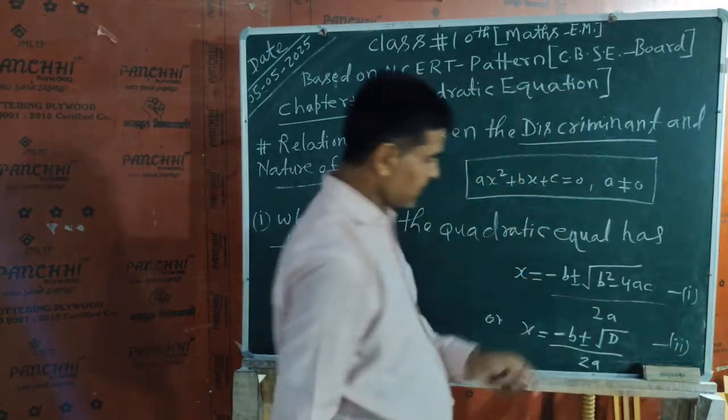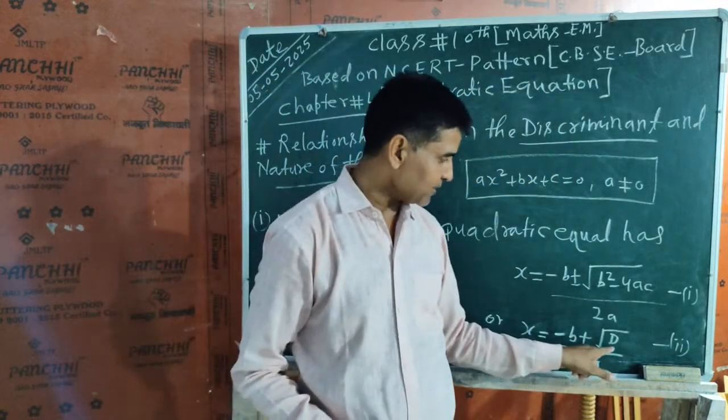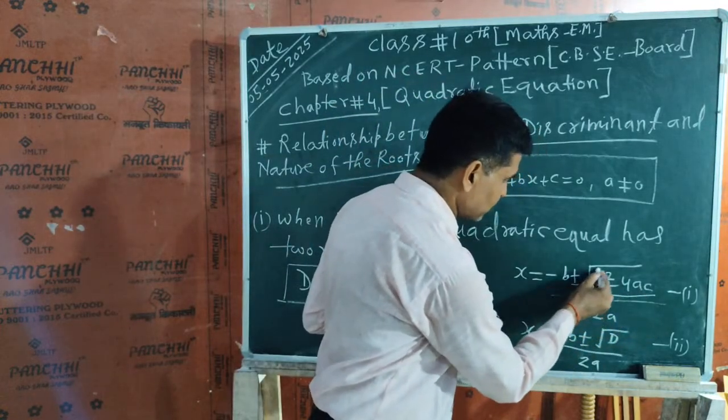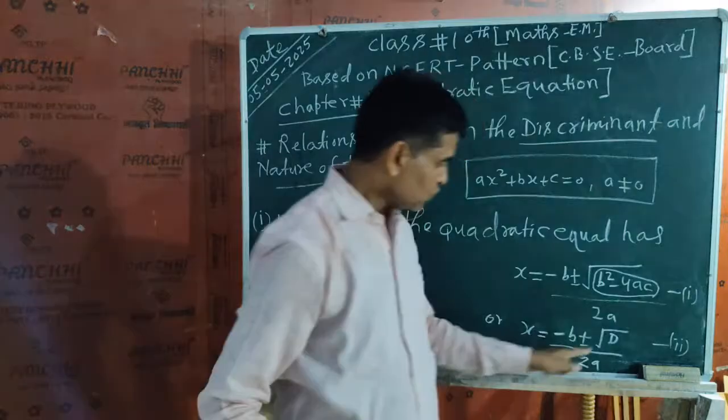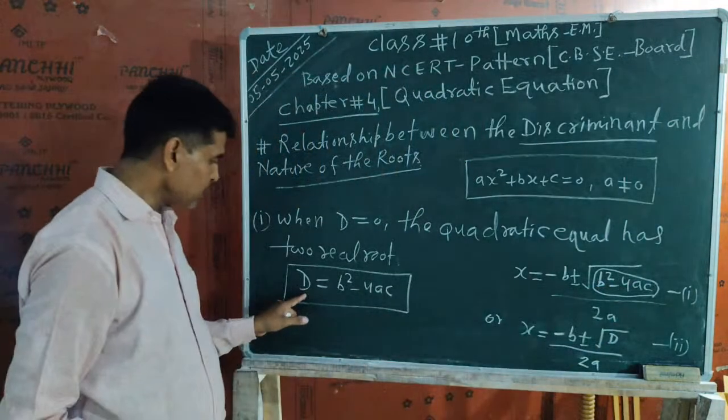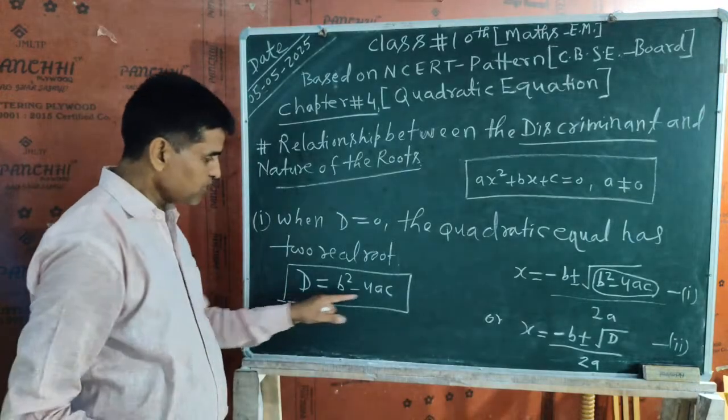So in the place of D, I have written D is equal to b square minus 4ac.